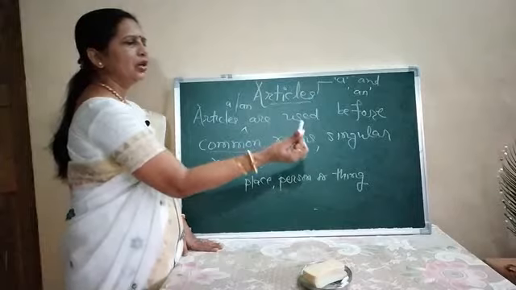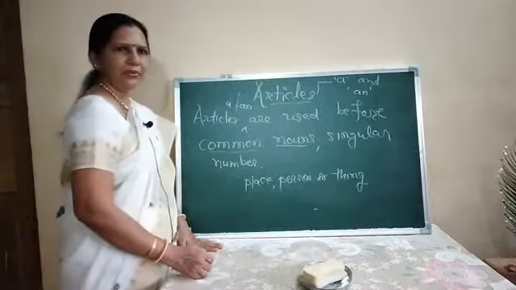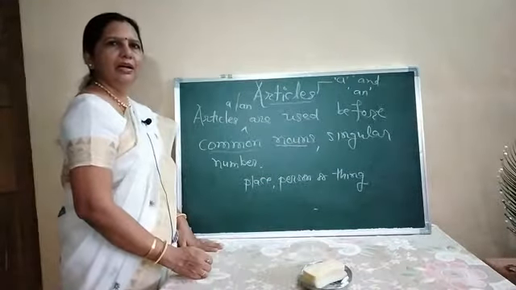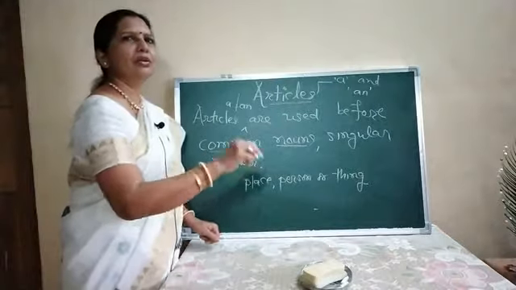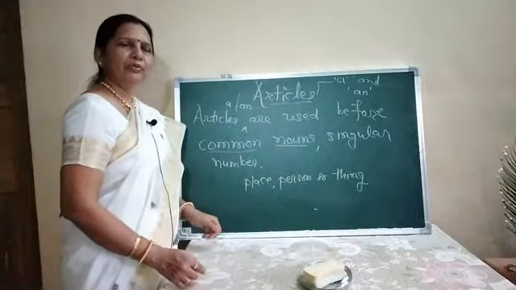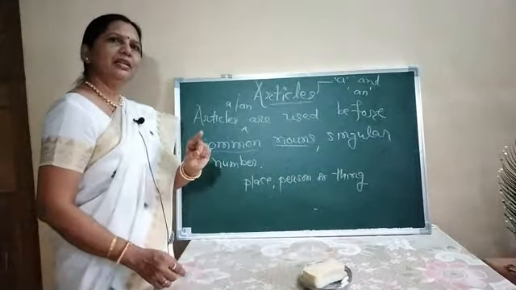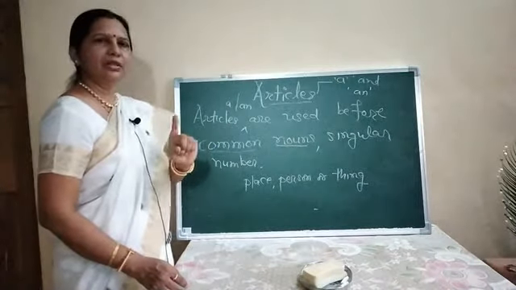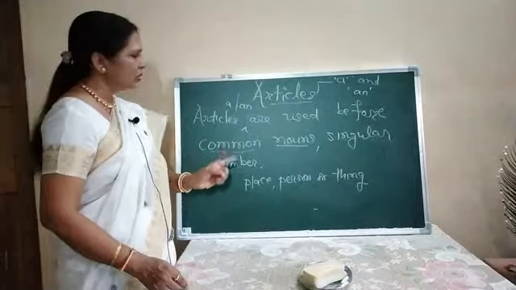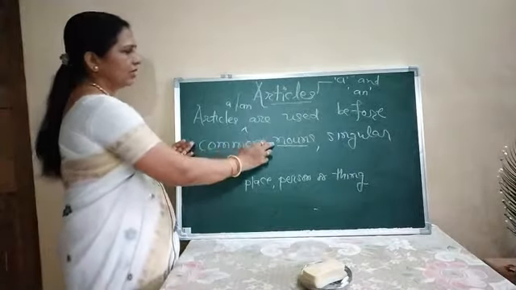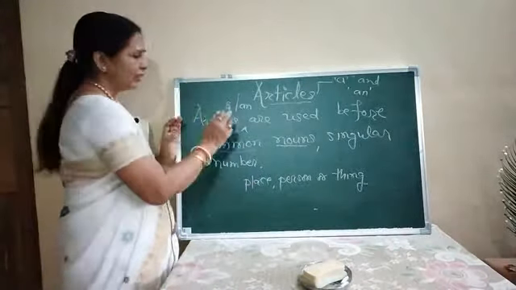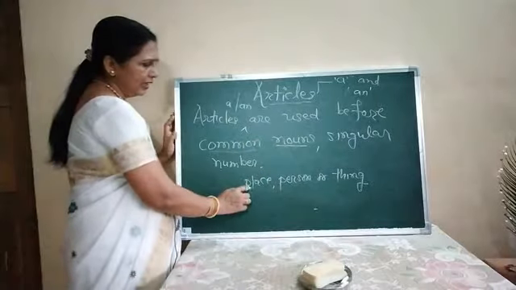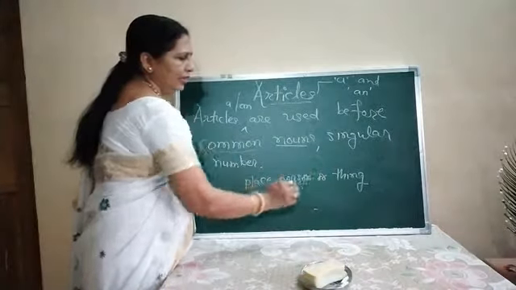For example, chalk, this is a common noun. Teacher, it is a common noun. But if you say Burgokar madam, then that is a proper noun. It is not a common noun. So, the common nouns indicate place, person or thing.